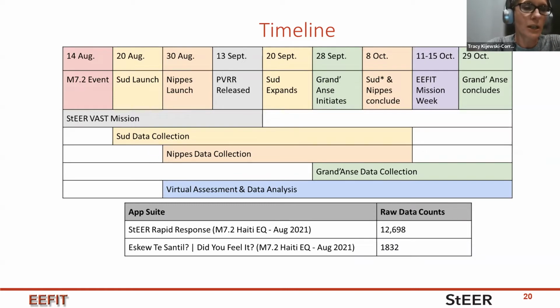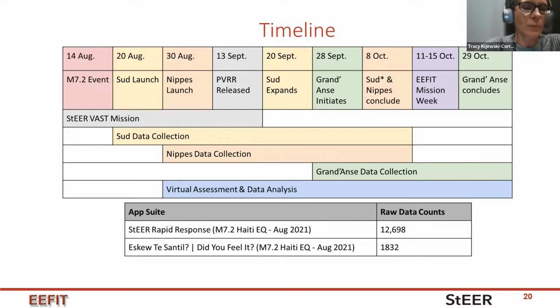By September, we had USAID and USGS partnering with us to expand the effort, allowing us to add more assessors. Eventually, by September 28th, we got Grand'Anse into the portfolio, and then were collecting in all three departments in parallel for the next few weeks, wrapping our mission up around the time that EEFIT was doing its mission week. So by the end of October, we had completed at least 5 weeks of data collection in 3 affected departments.